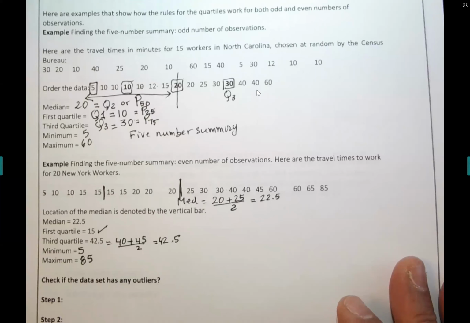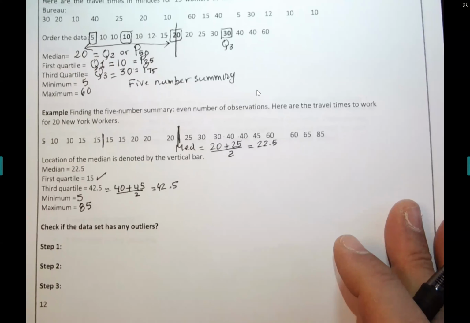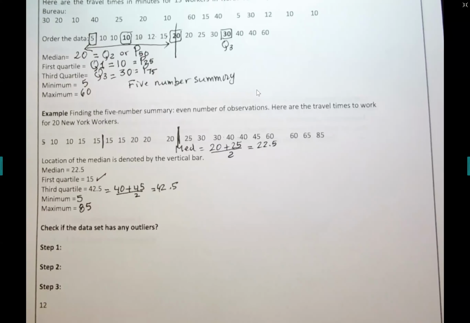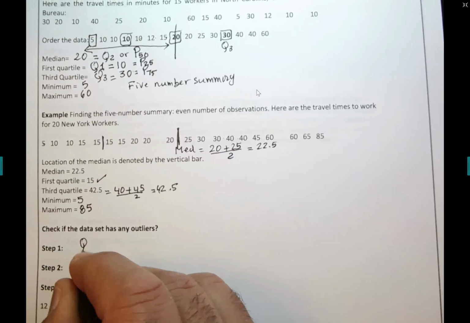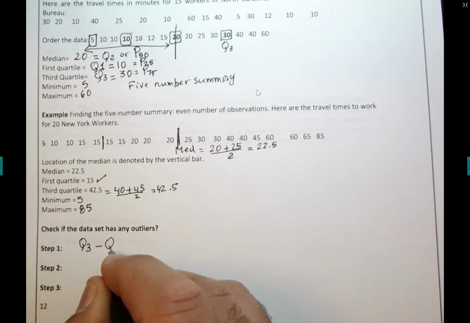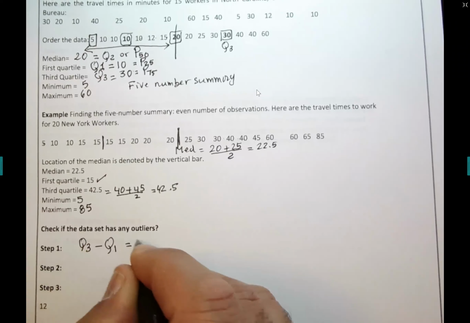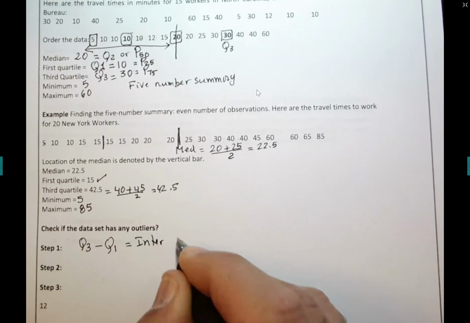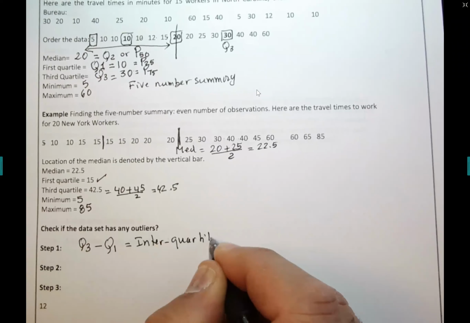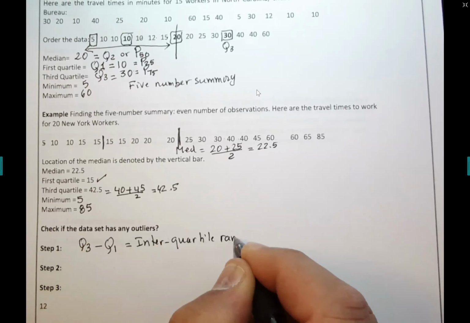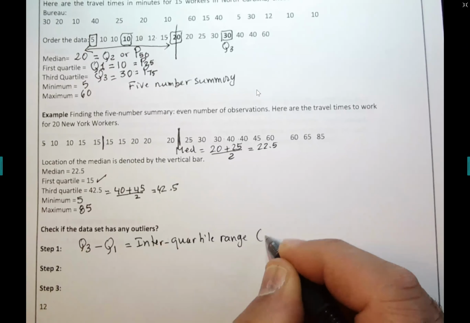It's right here. Step 1, you will find Q3 minus Q1, which is called the interquartile range. So if you are ever asked to find the interquartile range, it's Q3 minus Q1.